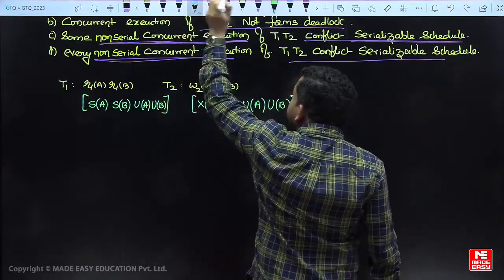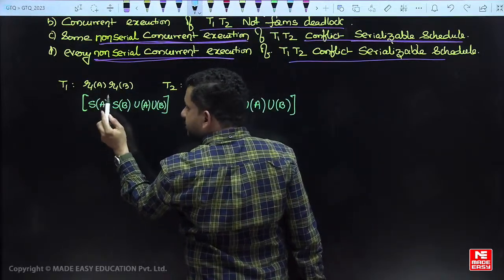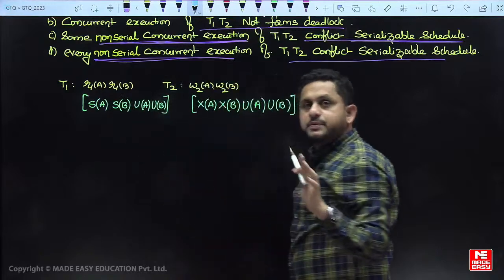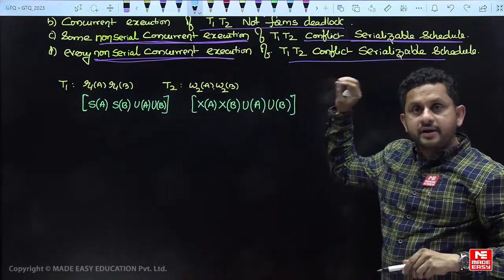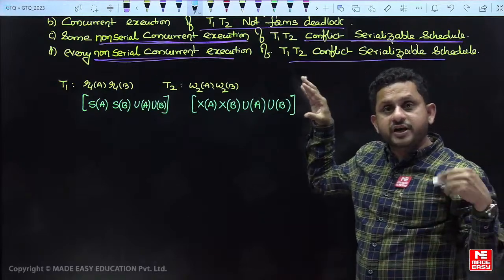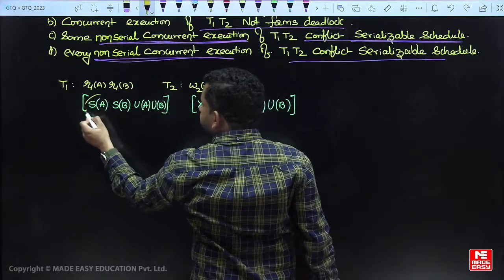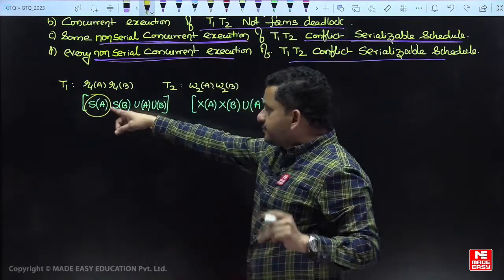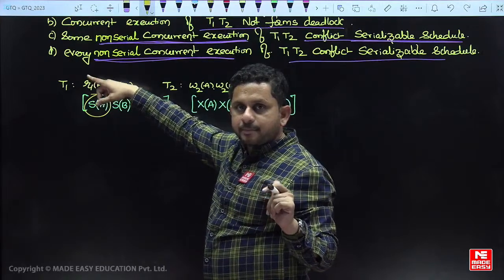So see how you will test for deadlock. In transaction management, from the 2PL point of view, I am trying to explain the deadlock possibility and how you can test it. For example, if T1 begins, it will lock A in shared mode.